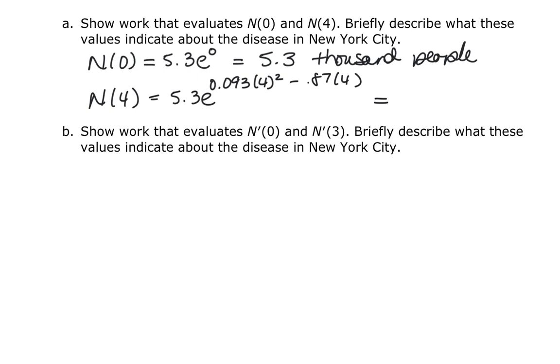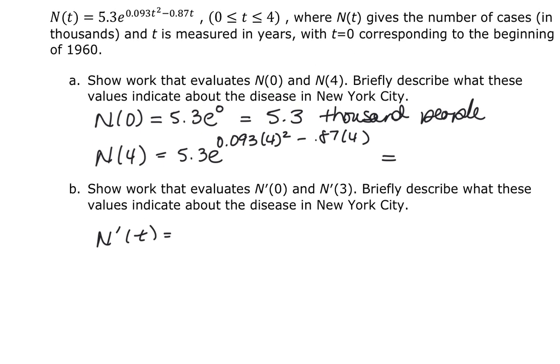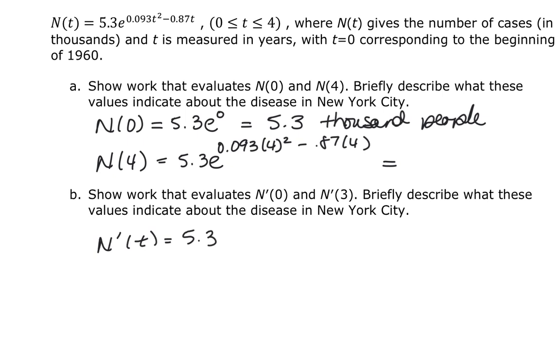Now, the second part is the more interesting part. It says show the work that evaluates n prime of 0 and n prime of 3. So the first thing we're going to do is n prime of t. This is 5.3 e raised to the 0.093 t squared minus 0.87 t. Now, the derivative of that exponent is going to be 2 multiplied by 0.093 multiplied by t, and then minus 0.87.